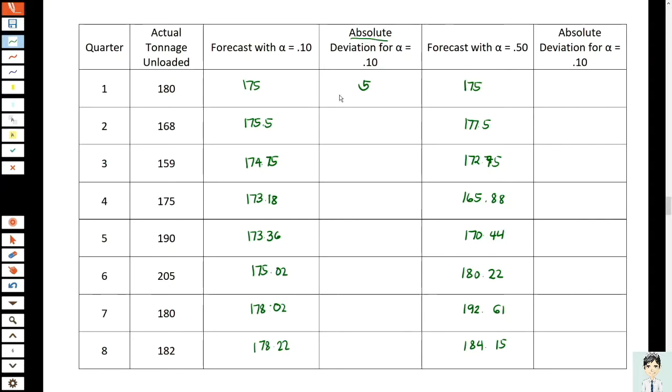Sinabing absolute, so 7.5. Okay po. So for the third quarter, 159 minus 174.5, it is 15.75.